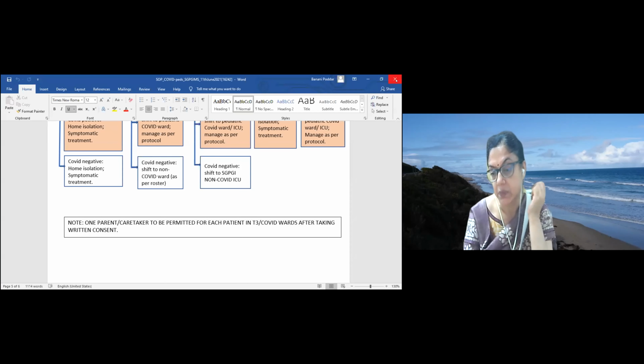So one day is ped gastro, one day is genetics, one day is neonatology, one day is CCM, one day is hematology, and so on and so forth. So that also needs to come into the protocol. I'm sorry that's not there. I'll add it.